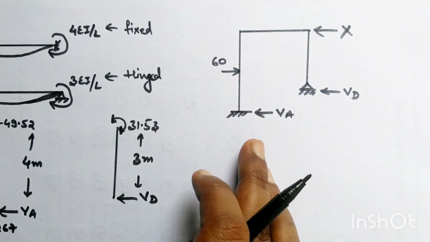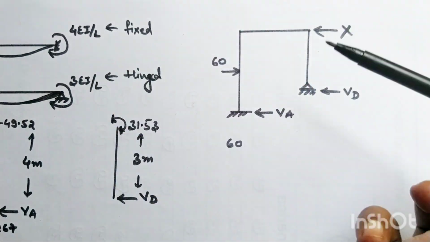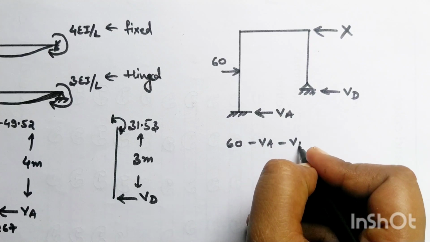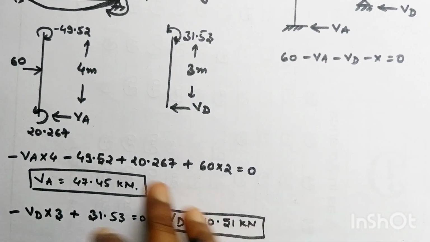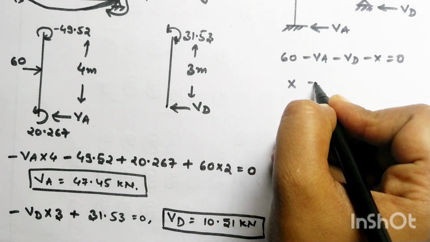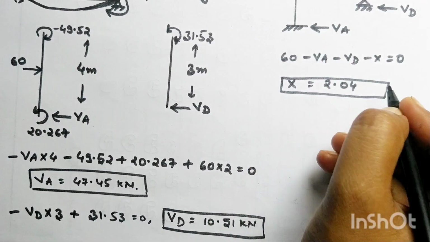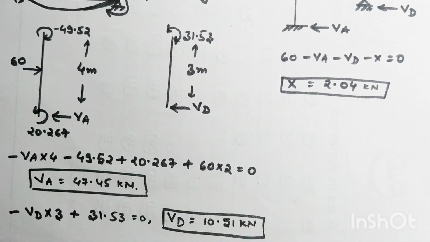We already got VA and VD. What we have to do is sum up all the horizontal forces here. So these three are going in the negative direction, this one positive. So I am just going to write it all negative is equal to 0, and here this is the value of VA and VD. Just put that in the calculator and we have the value of X here, that is the sway force because of the loading.